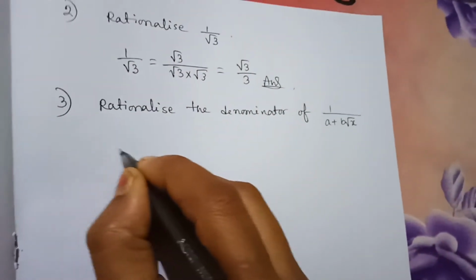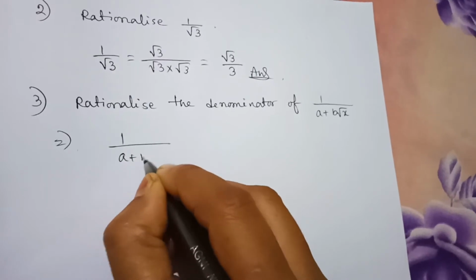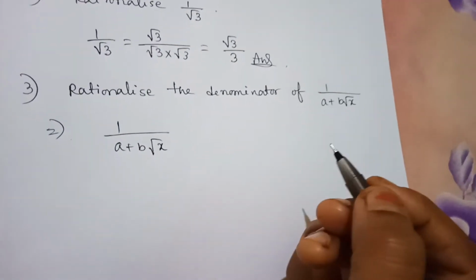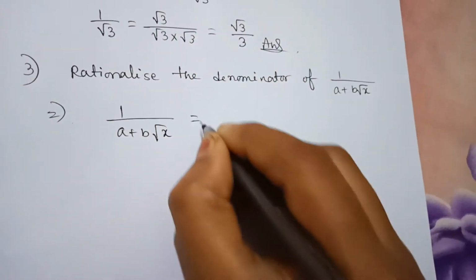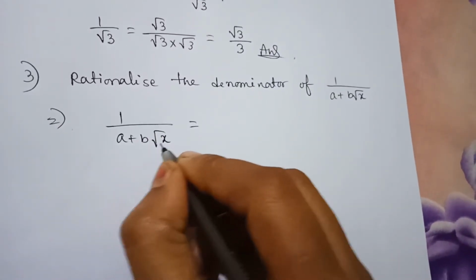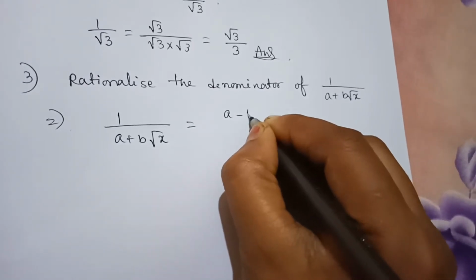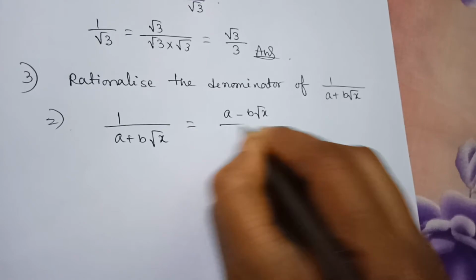You will be getting the particular one as the question obviously, but I am doing the general one. How will we do it? First we will write down this a plus b root x. Now whenever we get this type of form, remember that we need to multiply just with the opposite sign of it.